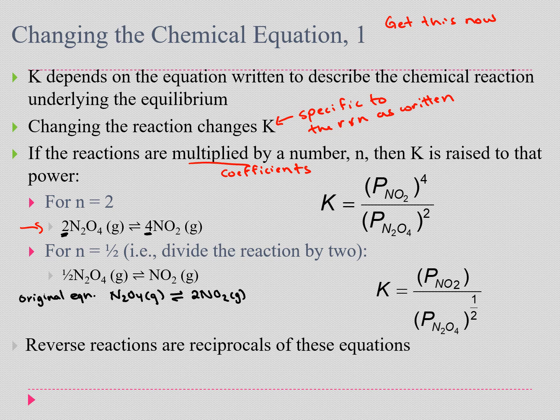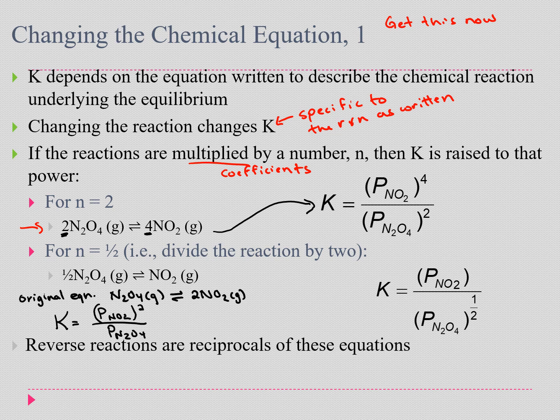Our original K was the partial pressure of NO2 squared, our product raised to its power, divided by the partial pressure of N2O4. The K for this reaction up here has the partial pressure of NO2 raised to the fourth power, divided by the partial pressure of N2O4 raised to the second power.